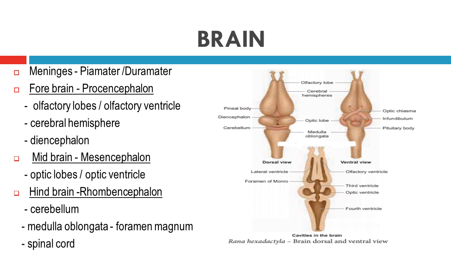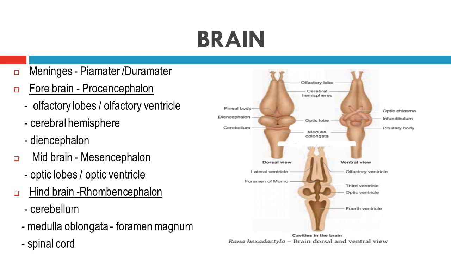Then the next part is the diencephalon. Can you see this diencephalon? Between the cerebral hemispheres there is the diencephalon. So these three parts are included in the forebrain region. Next is the midbrain, otherwise known as mesencephalon, which includes a pair of optic lobes.